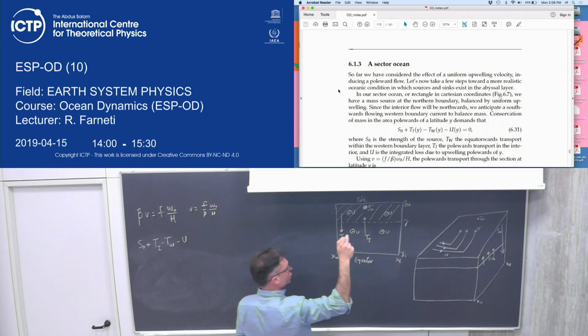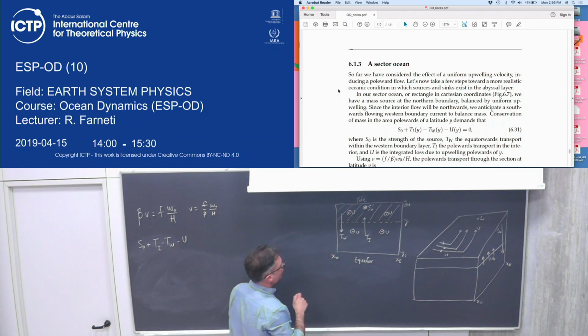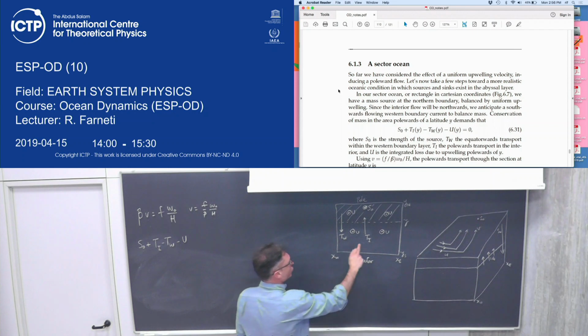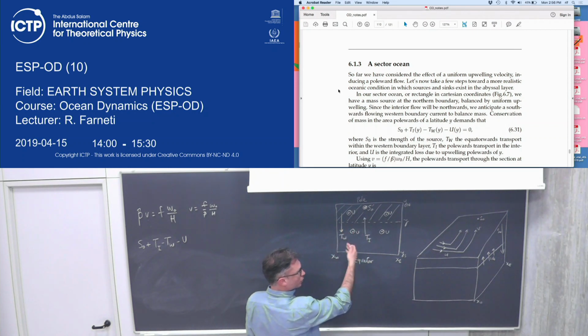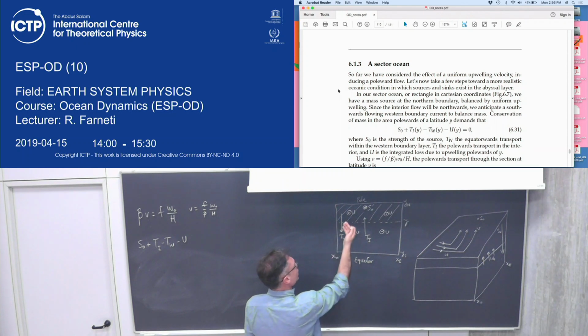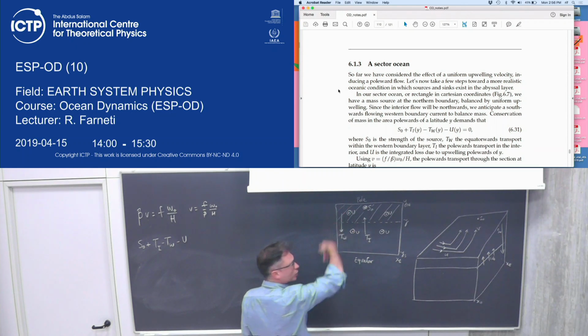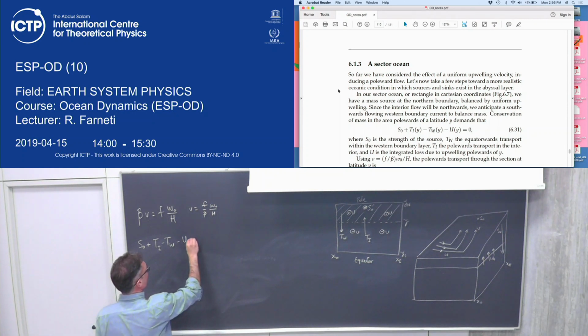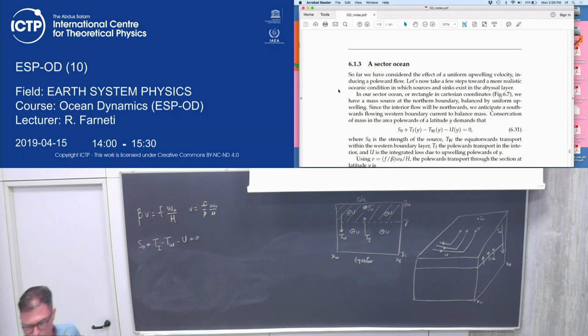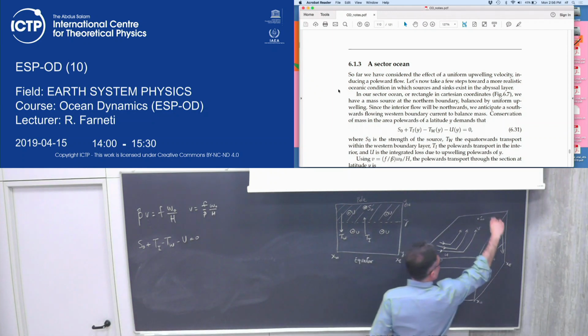Okay, so there is injection of mass into the bottom layer, and you get more mass through the interior transport, and then you're losing mass from the bottom layer to the upper layer through upwelling, and this transport of water out of that box, the western transport. So this has to be equal to 0 in order to conserve mass. You have some injection of water, S naught.